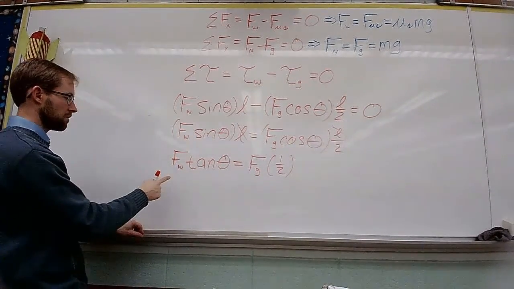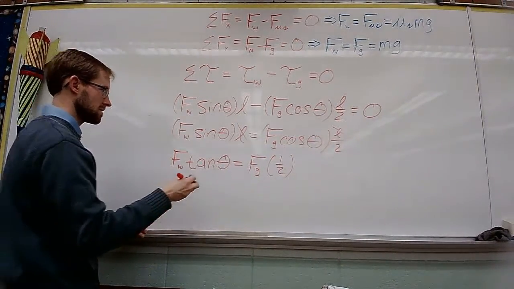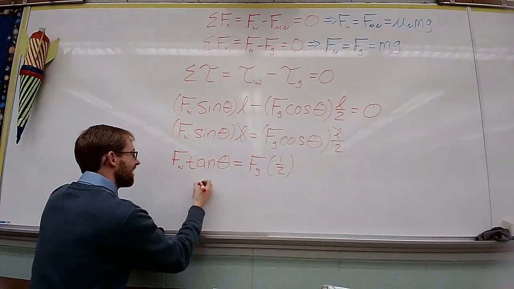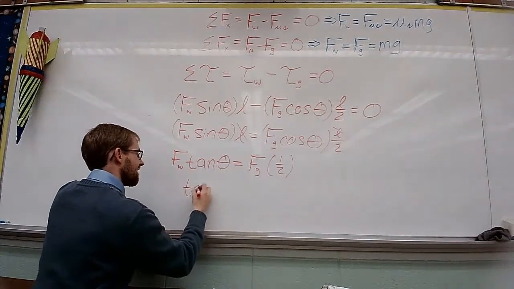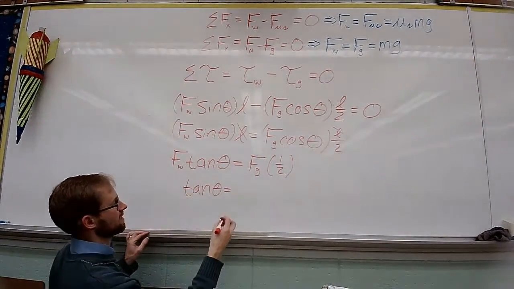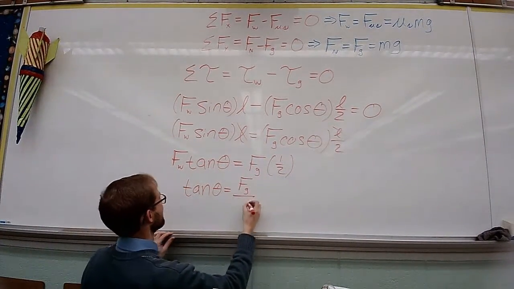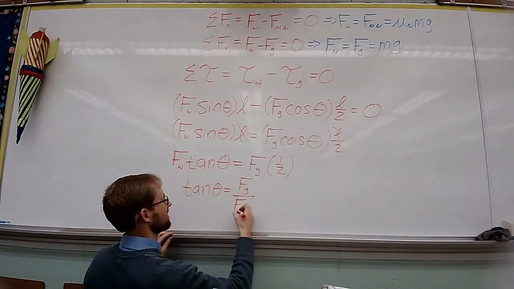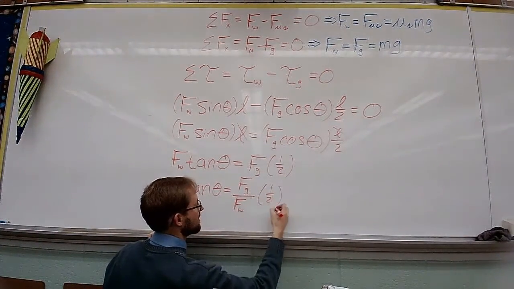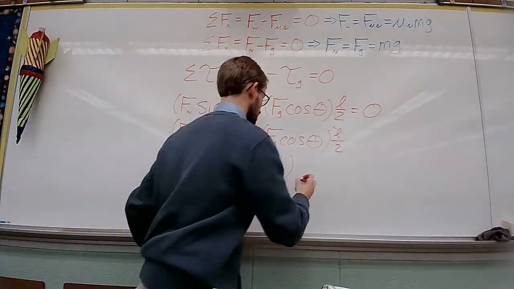So we're going to divide both sides by Fw. Fw is not equal to Fg. Did you say Fg over 2Fw?